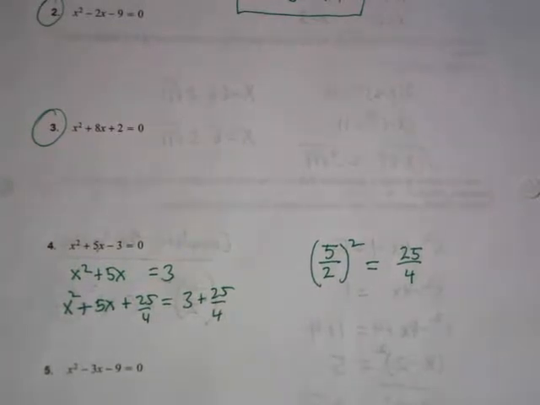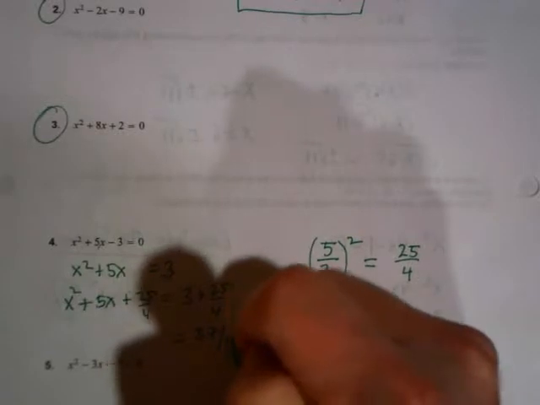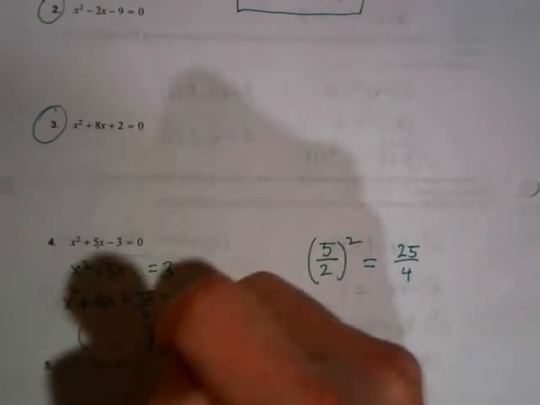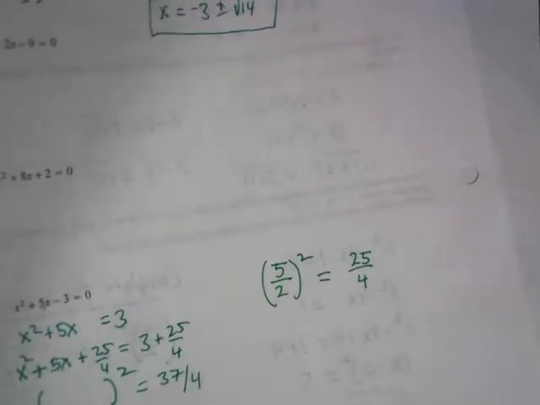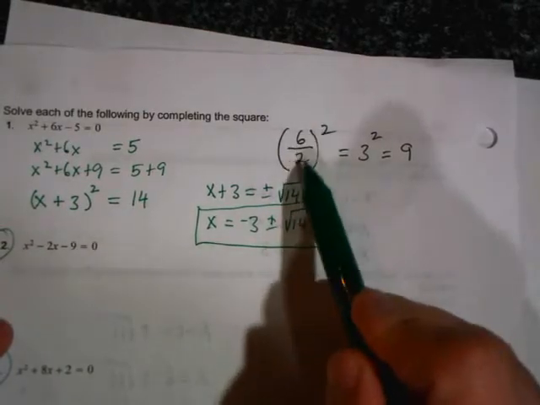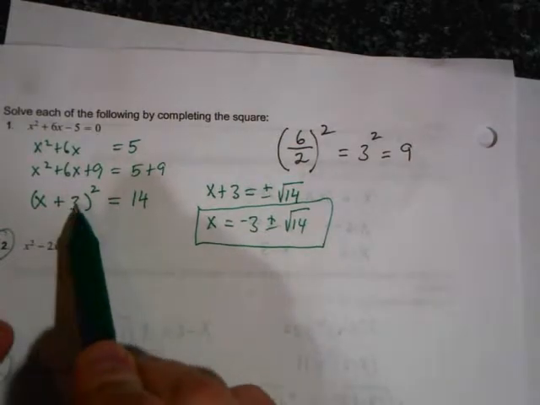Alright, the right-hand side, I'm going to use my calculator. 3 plus 25 over 4. Calculator says that's 37 over 4. The question is, how does the left-hand side factor? And here's the big key. Notice, back up here, we did 6 divided by 2 and we got a 3. And the number that was right there was a 3.